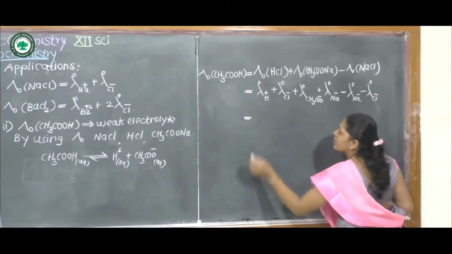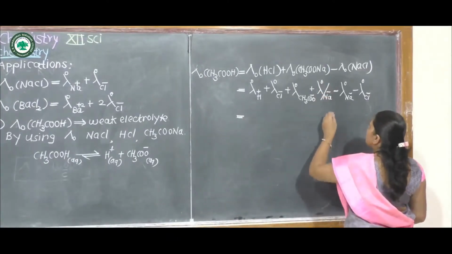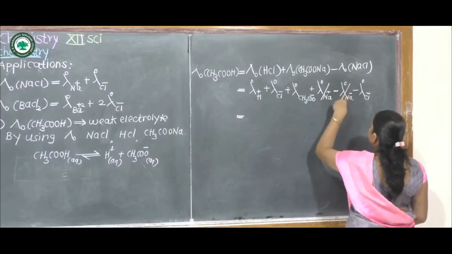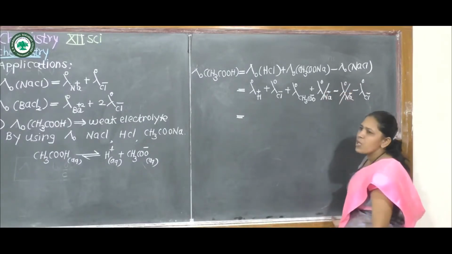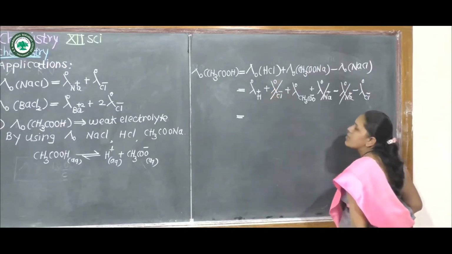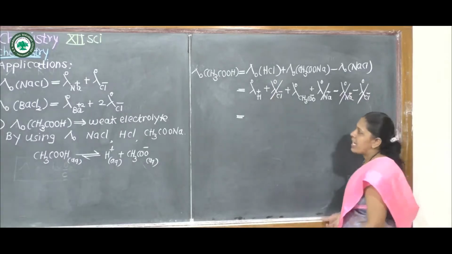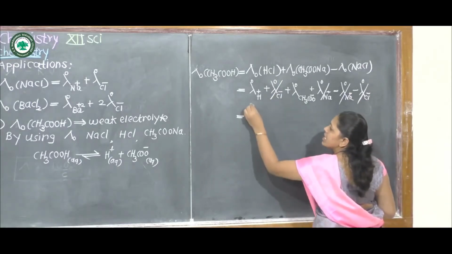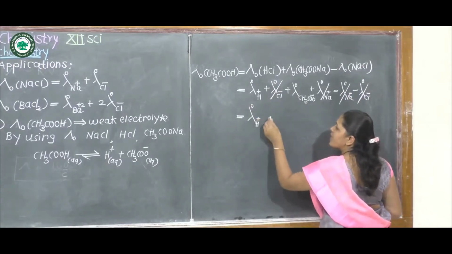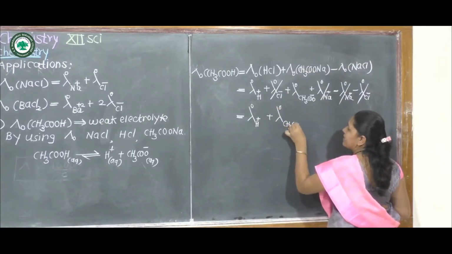Then what gets cancelled? Molar conductivity of Na plus and Na plus, and Cl minus and Cl minus get cancelled, and the remaining is molar conductivity of H plus and molar conductivity of acetate ion.